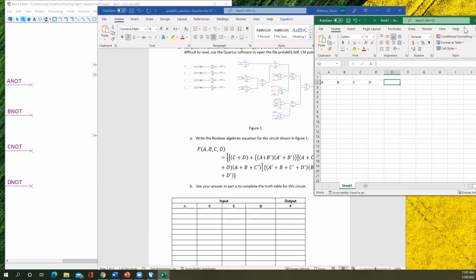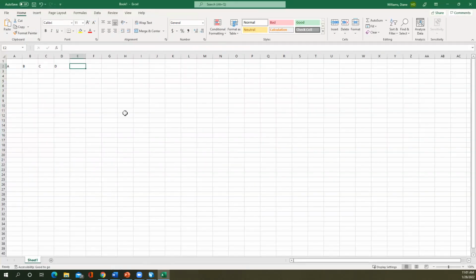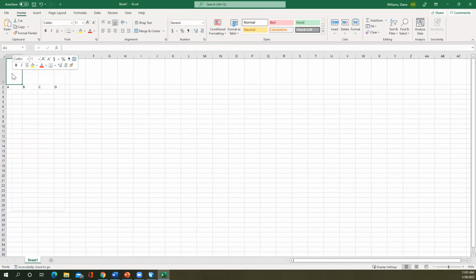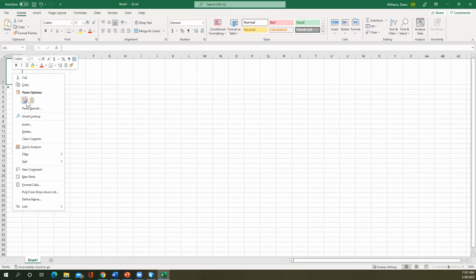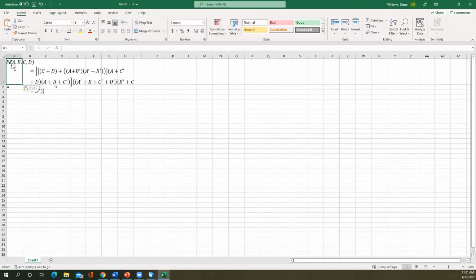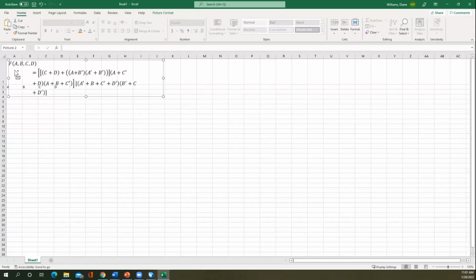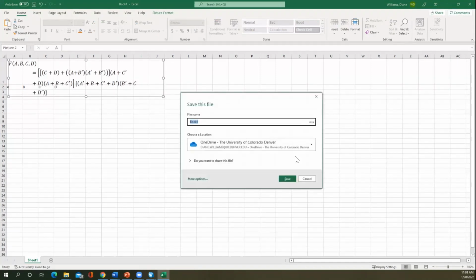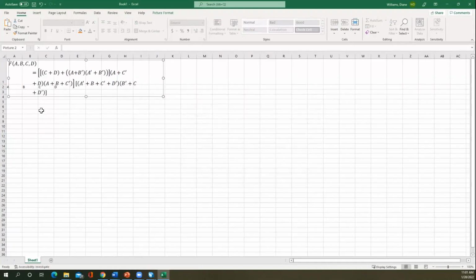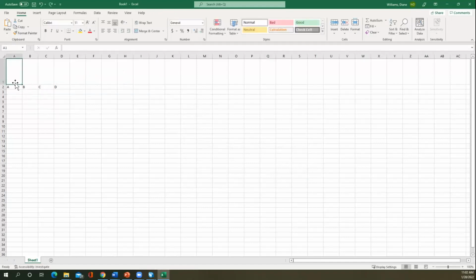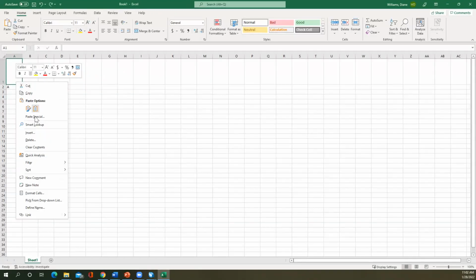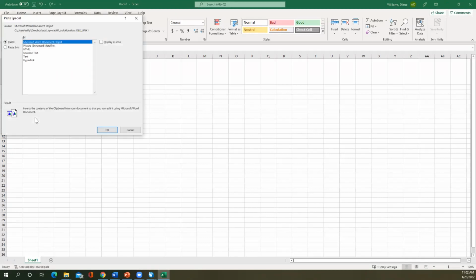Move things onto the screen. I want it to be an object.